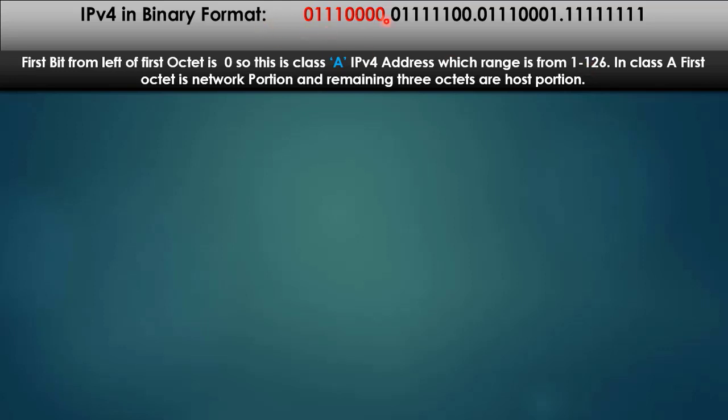So the first octet can be a number between 1 and 126. In Class A, the first octet is the network portion and the remaining 3 octets work as the host portion.